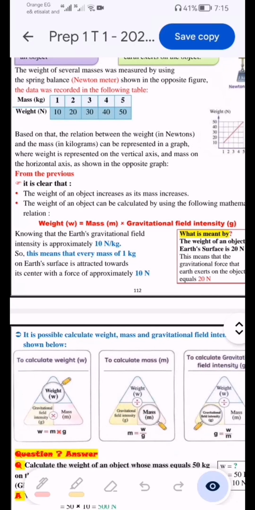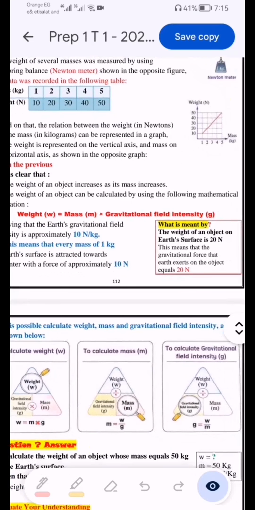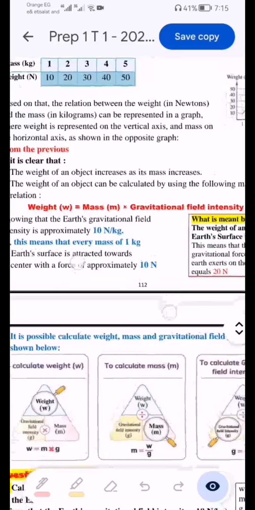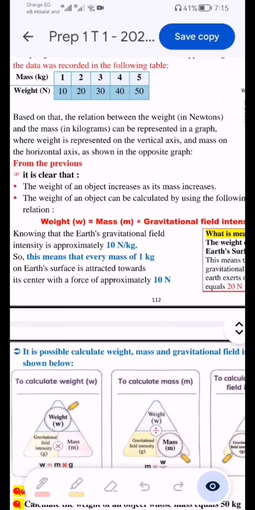And the weight of an object can be calculated by using the following mathematical relation: weight equals mass by gravitational field intensity. What's the meaning of gravitational field intensity? That means the force of gravity exerted on this object, okay? That differs from one place to another depending on the gravity.